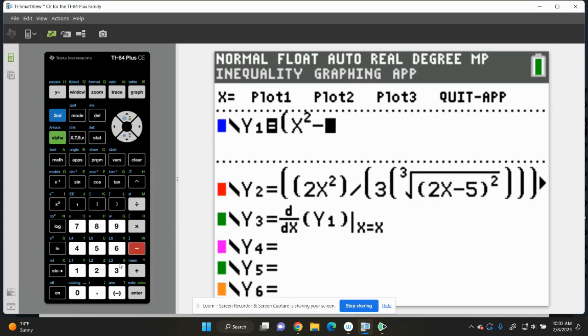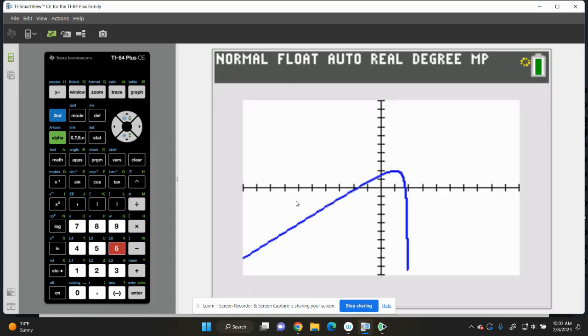So if we look at this one, what is that like even graphic?